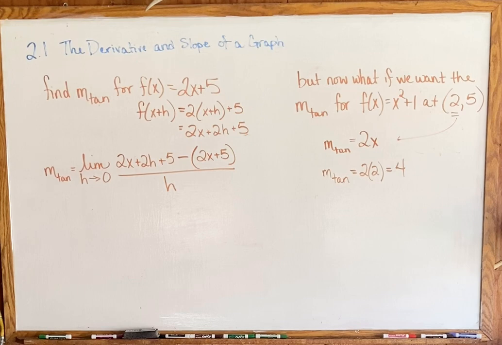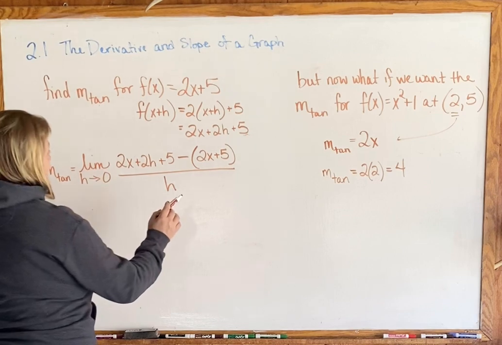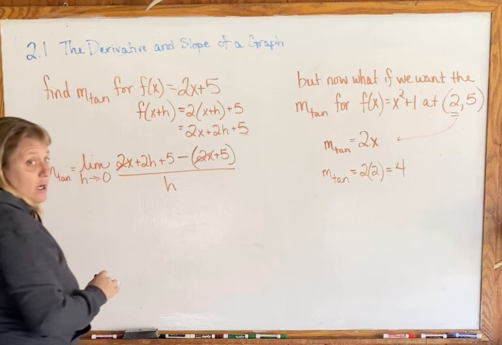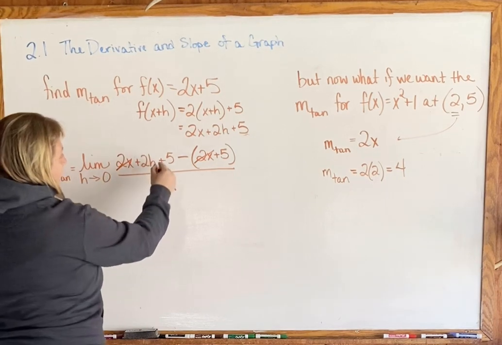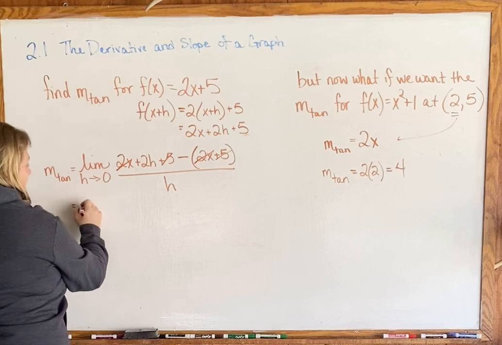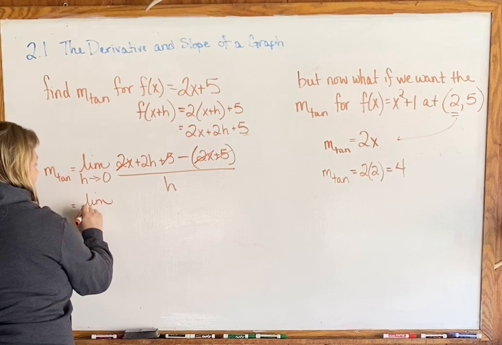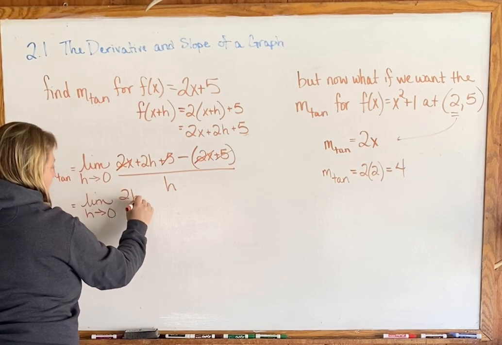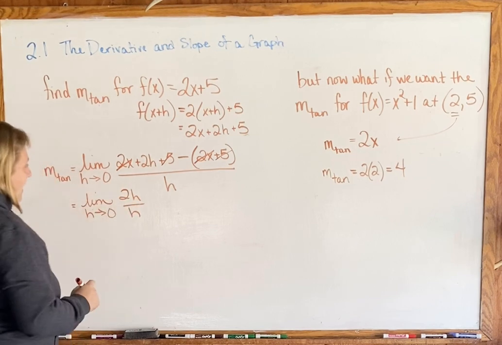Now remember what we said, there should always be some simplifying that goes on. So when you look at this one, the 2x minus 2x will go, yes? And the 5 minus the 5 will go. So what we're still left with is a 2h up top and an h on the bottom.